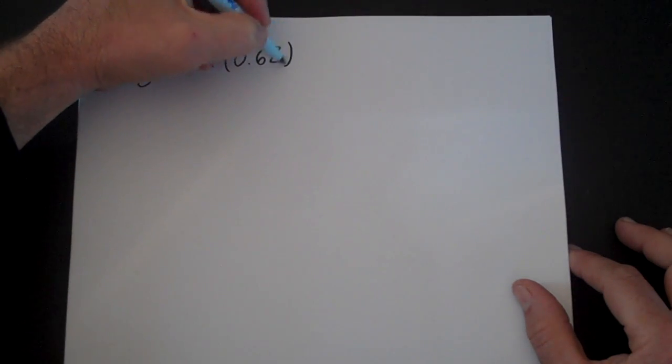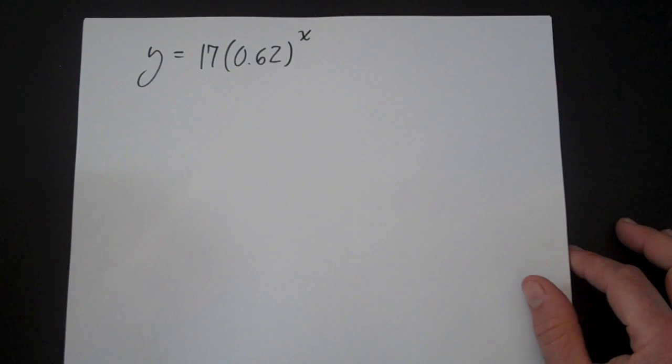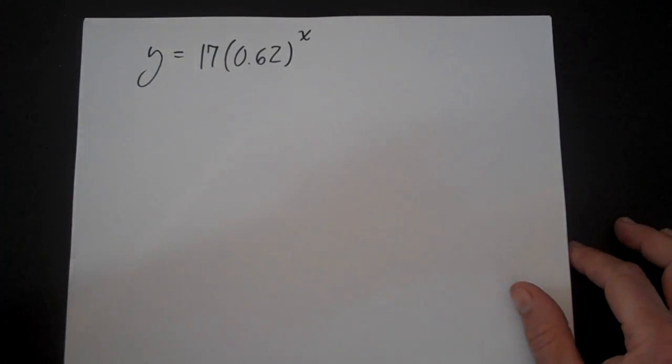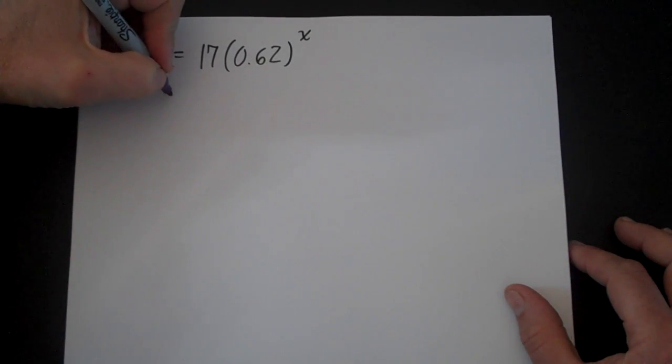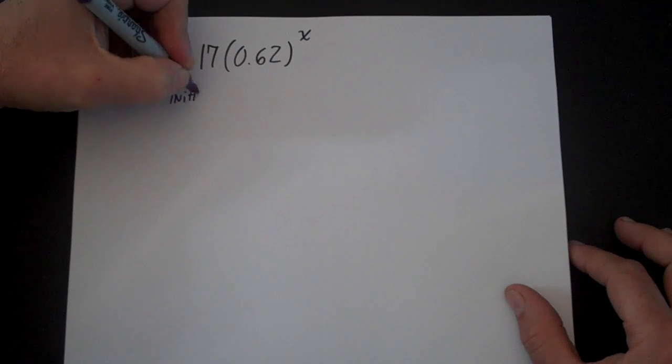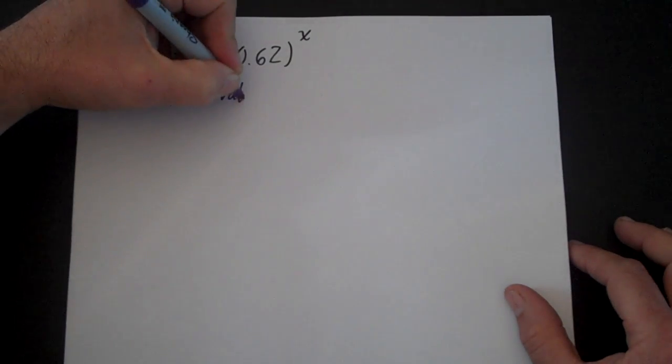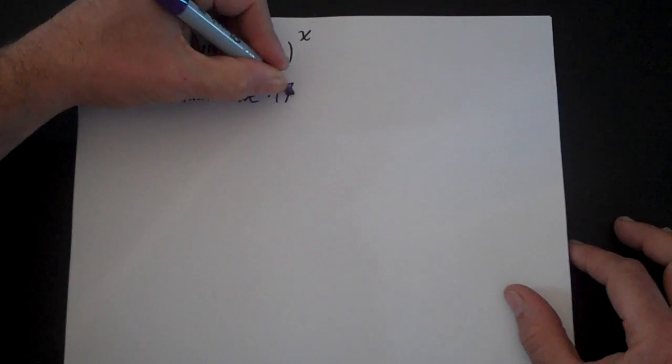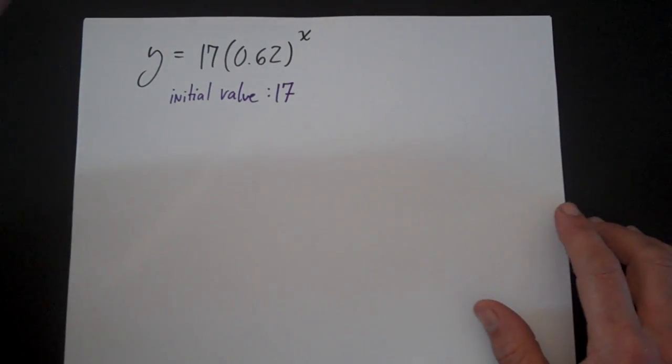y is equal to 17 times 0.62 to the x. Initial value, 17. Now let's think about what the initial value of 17 means. What we mean is initial value is time is equal to 0.